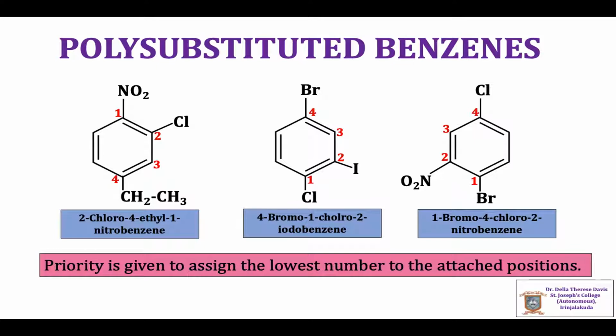Moving on to polysubstituted benzenes. When more than two groups are attached to the benzene ring, the positions of the substituents are indicated by numbering the carbon atoms of the ring in such a way that the first priority is given to assign the lowest numbers to all the attached groups.